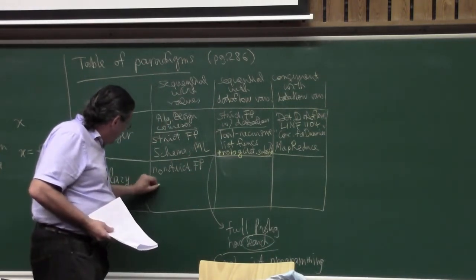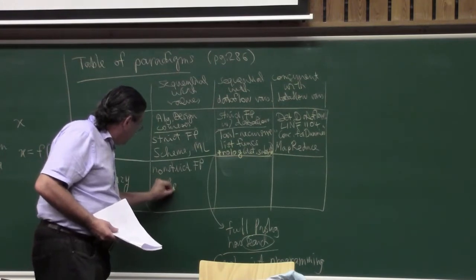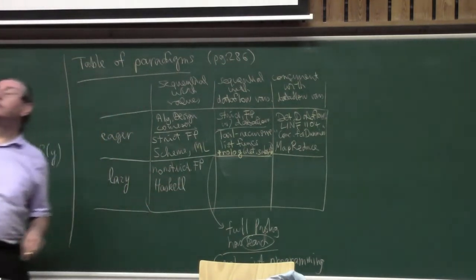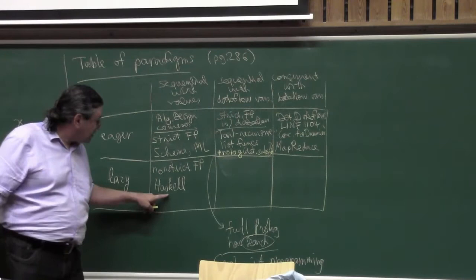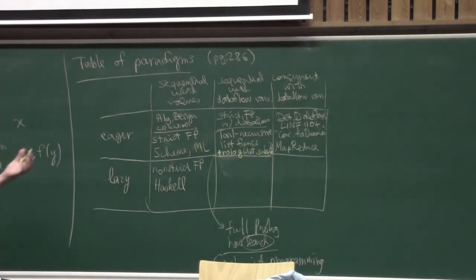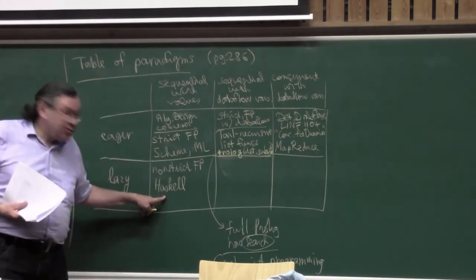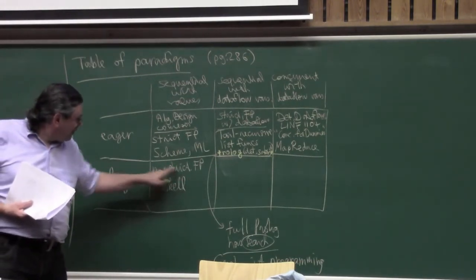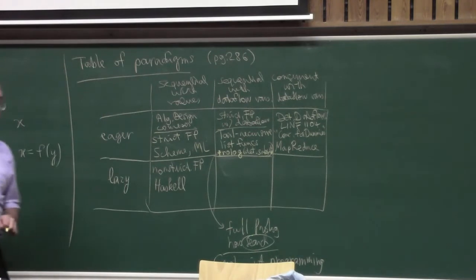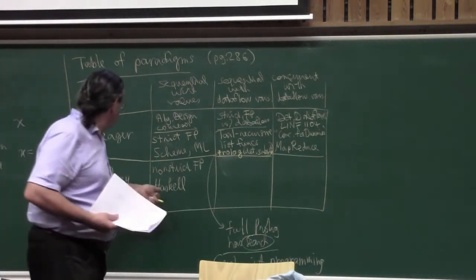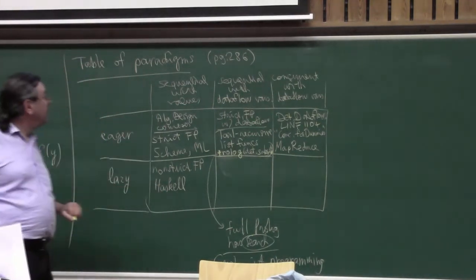There's a very influential, nice language using this called Haskell. So if you're intrigued by that, Haskell actually has a huge community. A lot of these people are mathematicians. They're using category theory, for example. So Haskell is, in some sense, a very powerful language using sequential lazy.